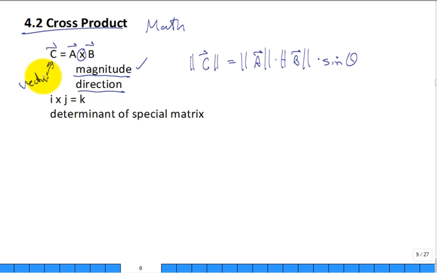No, a scalar resultant. Okay, so how do you get the direction now if I got the magnitude of C? What's the direction? What's it related to? It's perpendicular to both A and B. That's the key idea. So C is perpendicular to A and perpendicular to B.